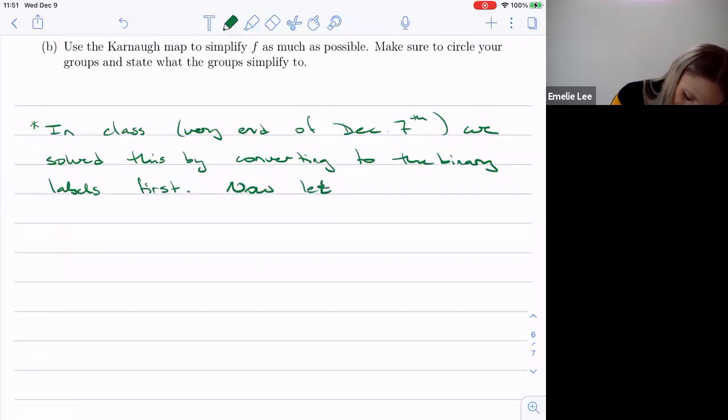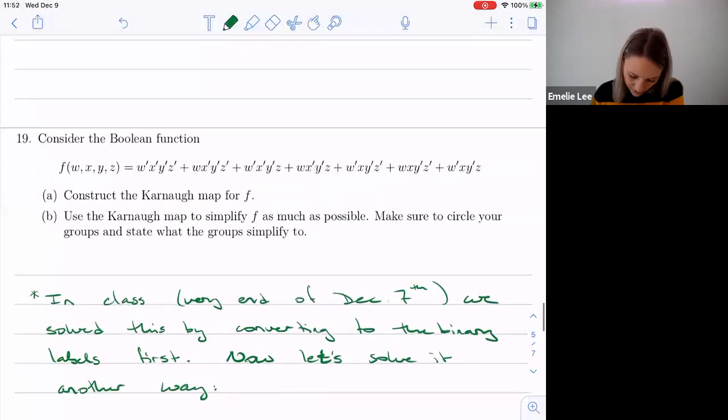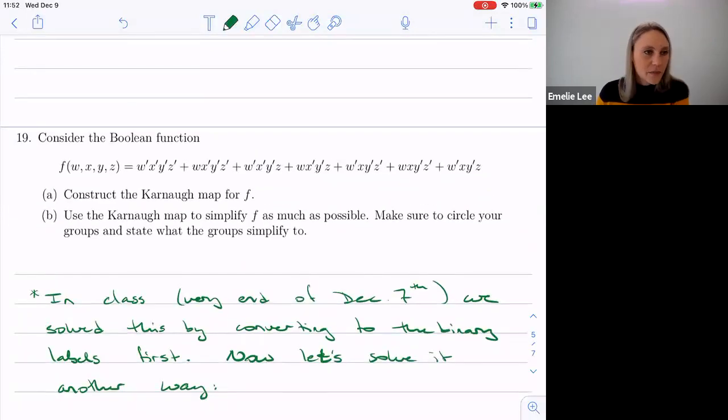Now let's solve it another way, just so you have some options for solving this massive thing.